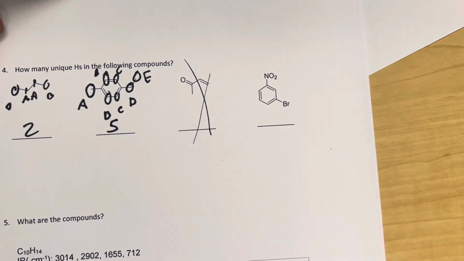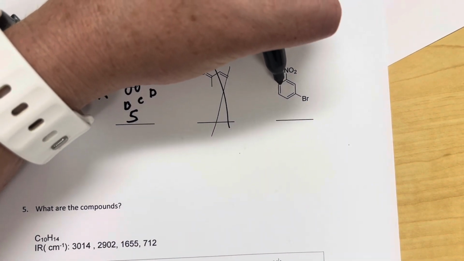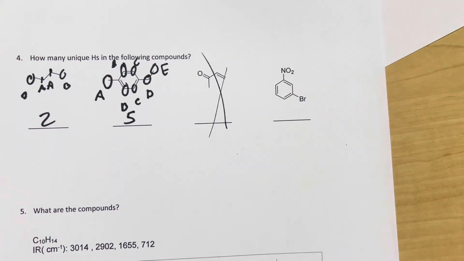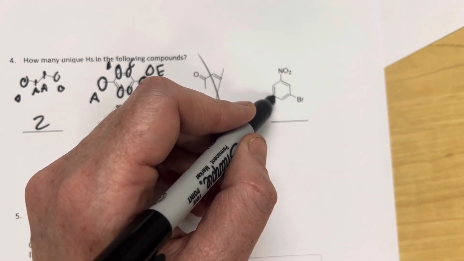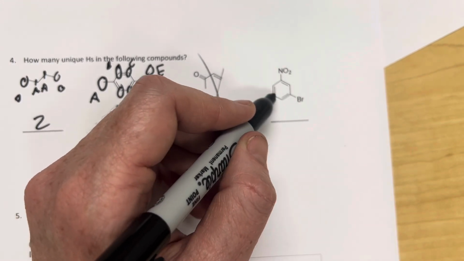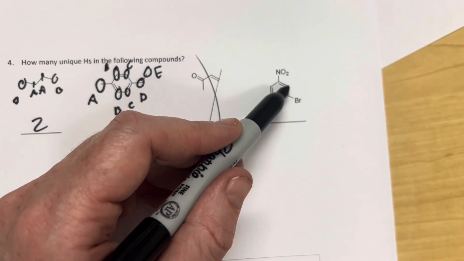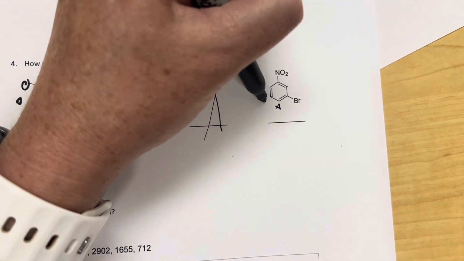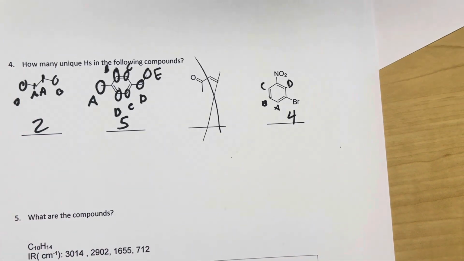And then over here, these are all going to be different, because this one is not the same as that one, right? Hopefully you can see that comparing these two things. This one is between these and this has carbons between them. So they're all different, A, B, C, and D, and I get an answer of 4.